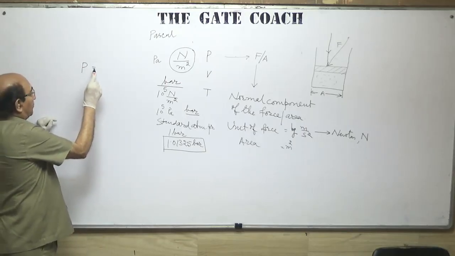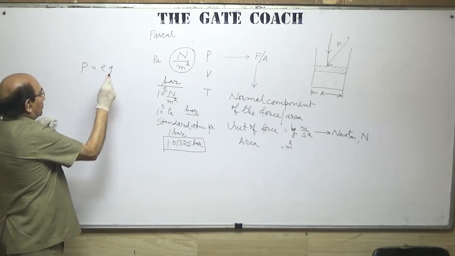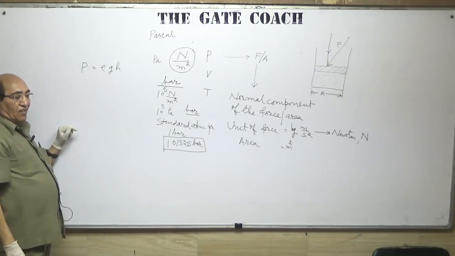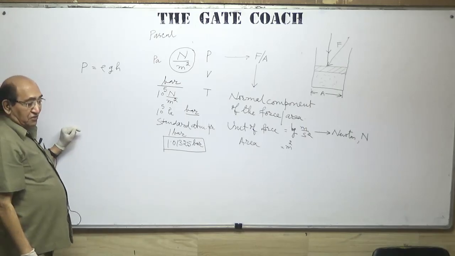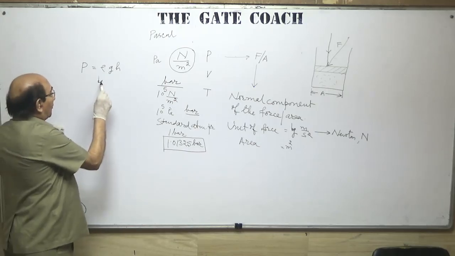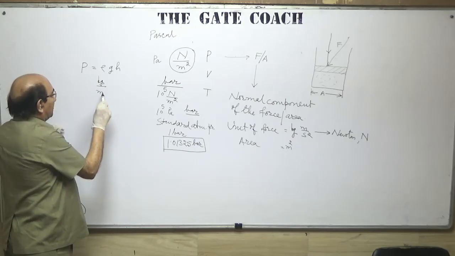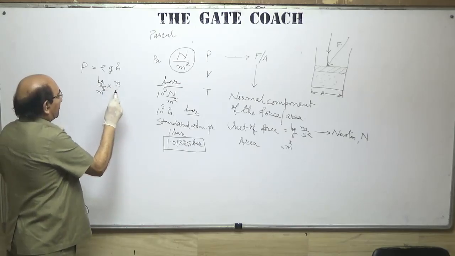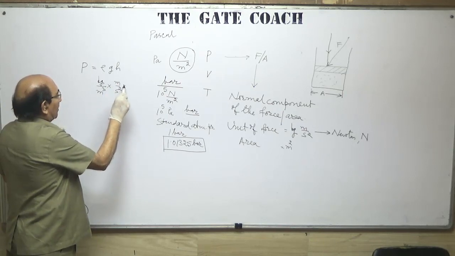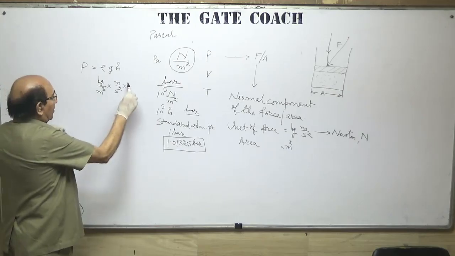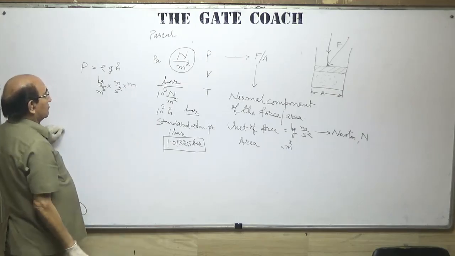P is equal to rho g h. And then many candidates claim that they have also used this figure. Rho in kg per cubic meter, g in meter per second square, h the height of the mercury column in meters.